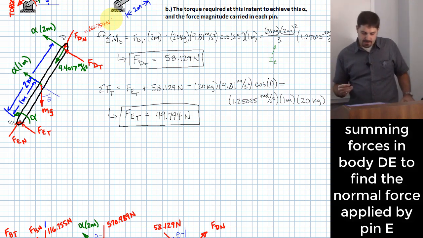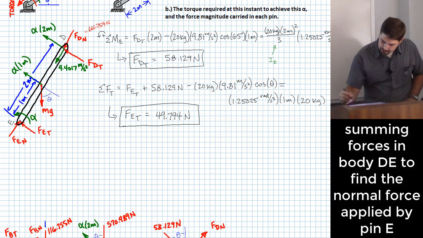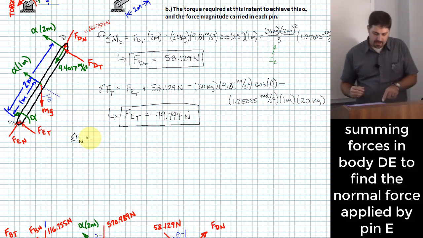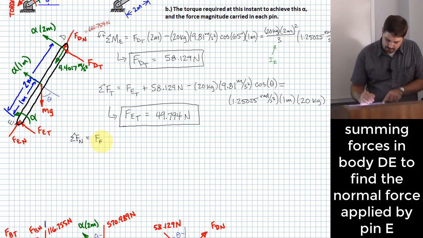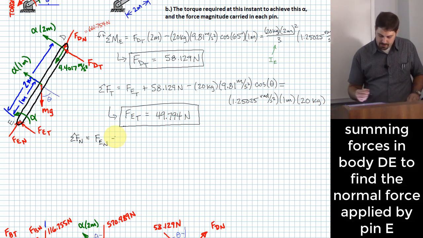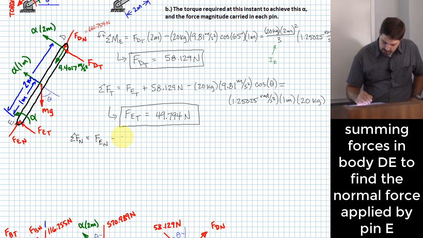Which means that I should be able to sum some forces now in the normal orientation. When I do that, I'll have FEN minus the component of mg that points along the normal direction. So I would get mg, where m for this part is 20 kilograms, and g is 9.81 meter per second squared.